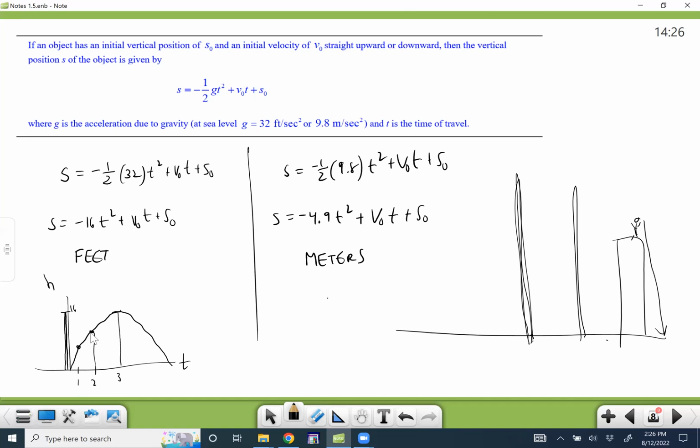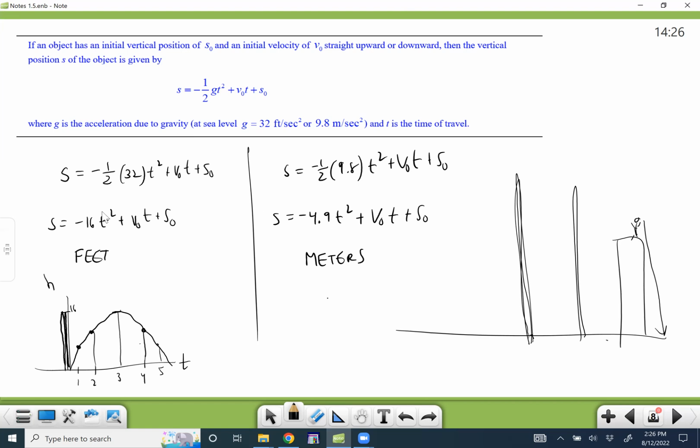Well, then it's going to hit this same height over here a second time on its way down at 4 seconds, right? It's going to hit this same height at 5 seconds, etc. So it's like I took this curve right here and kind of pulled it and stretched it out this way, to make it in terms of time. But this is not the path that the particle is taking, right? The particle is taking up and down. But when we graph it, it looks like a parabola because we stretched it out in terms of time. So hopefully that makes sense why we have a parabola here, right? This is a t squared.